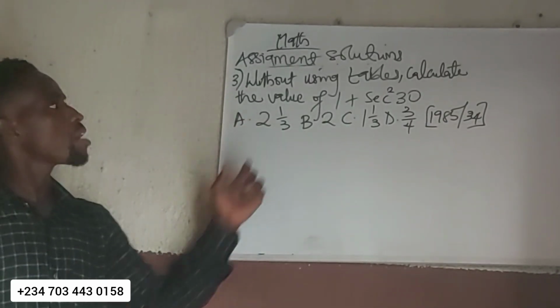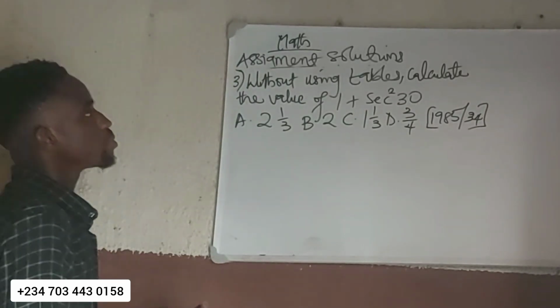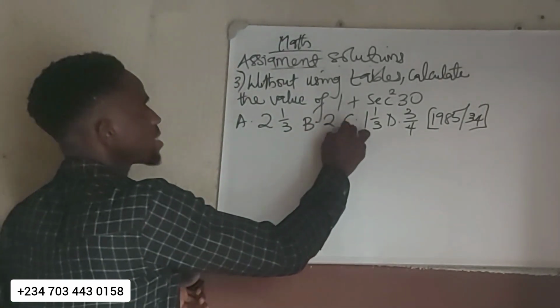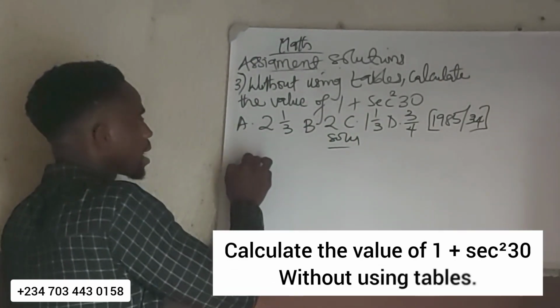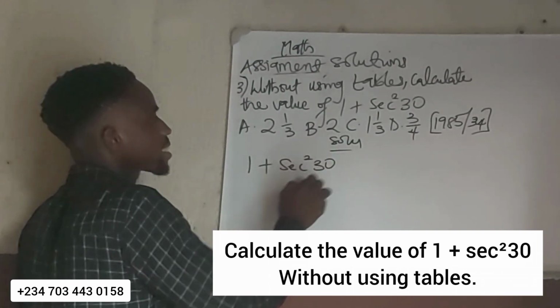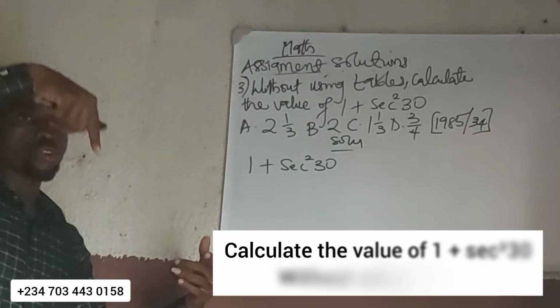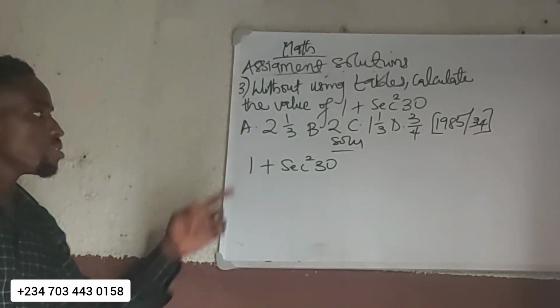Okay, to solve this again, we have to calculate this without using tables. And what we want to calculate is 1 plus sec squared 30. Then you know that sec theta is the inverse of cos, right? 1 over cos.